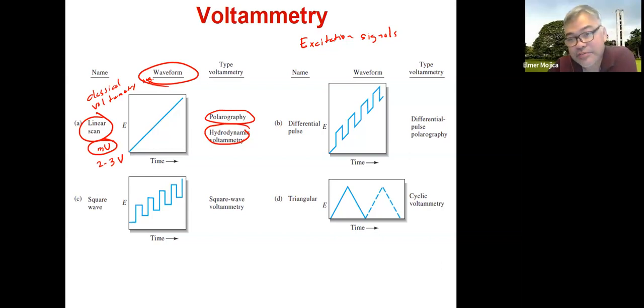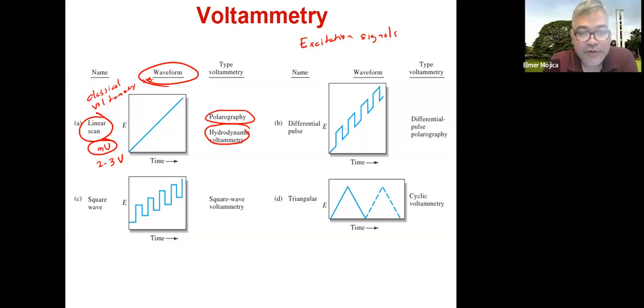The current of the cell is then recorded as a function of time, and thus as a function of the applied voltage. In amperometry, the difference compared to voltammetry is that the potential you apply is fixed, and you get the current at that fixed potential, unlike in voltammetry, where you can increase the potential.